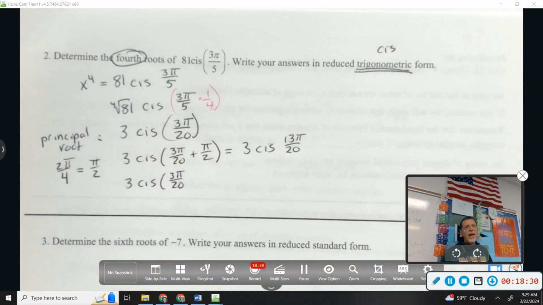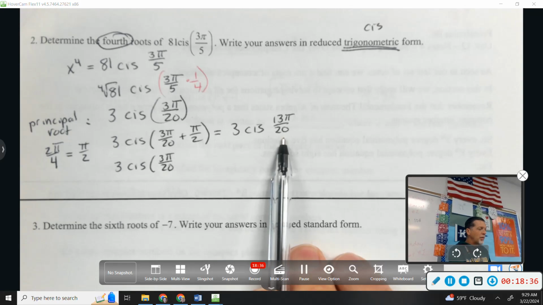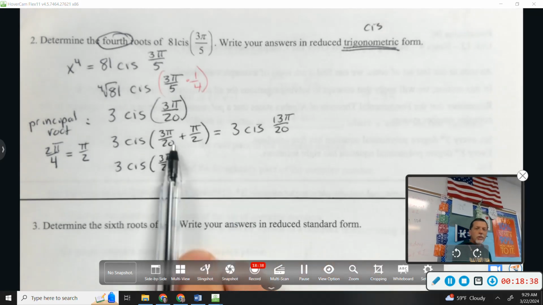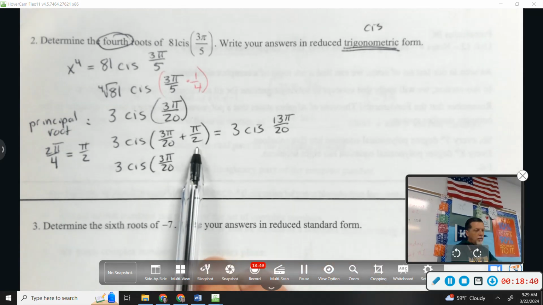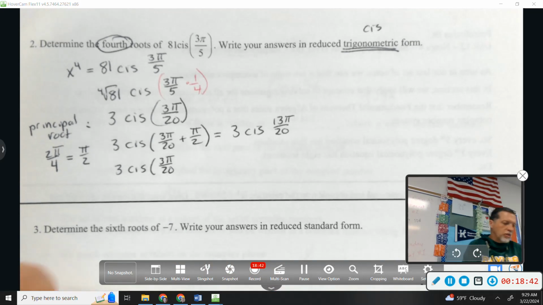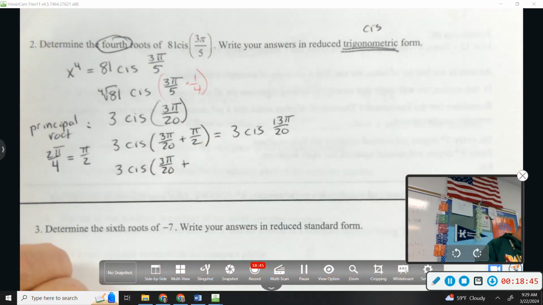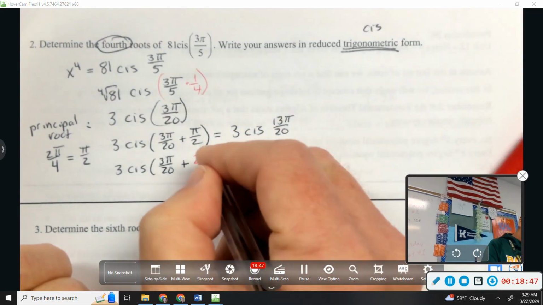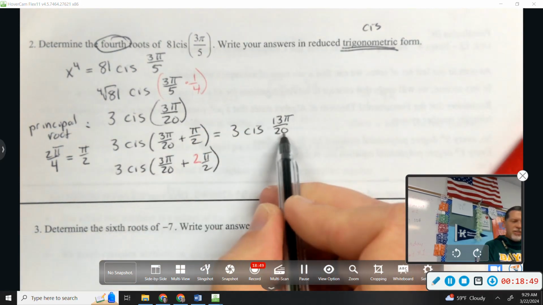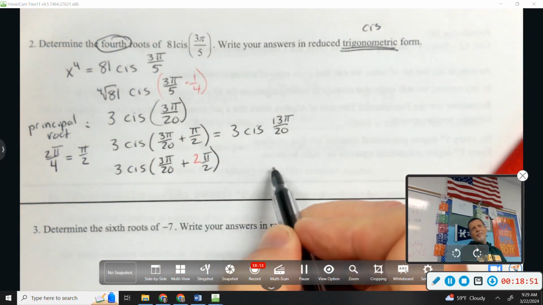And then I'm going to add pi over 2 to the one you just got. That might be the easier way to go. Or you can add 2 pi over 2, 2 rotations to the original. It might be easier to just take 13 pi over 20 and add pi over 2 to that.